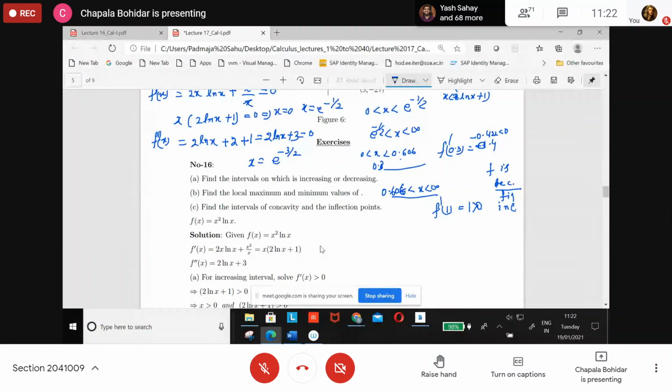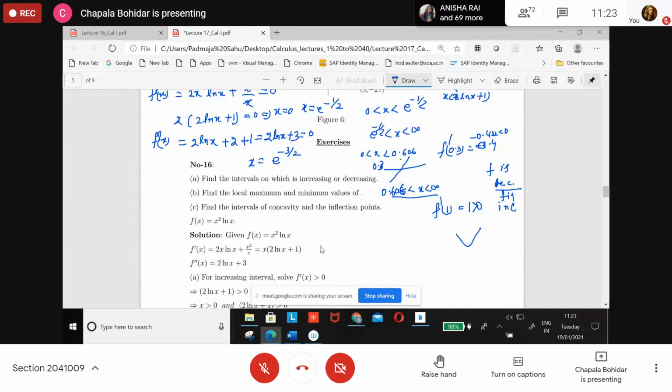Now you can find out where you have the local minimum. It is first decreasing, then it is increasing, is not it? So at which point are we getting our local minimum? I marked it here.